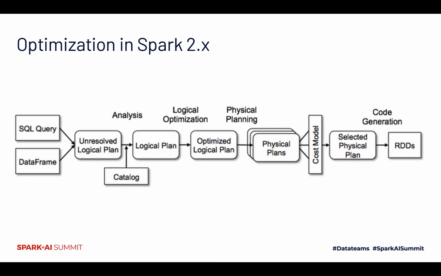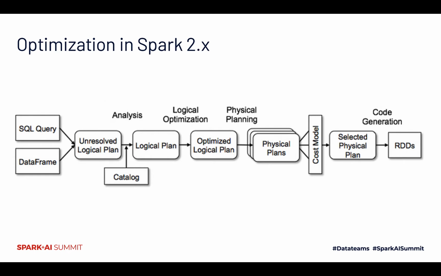To get a picture of how that works, let's first look at the SQL optimization process in Spark 2.x with the Catalyst Query Optimizer. On the left, you'll see that whether you express your query as a SQL query or as a data frame query, it's fed into the Catalyst Query Optimizer as an unoptimized, unresolved logical plan. At that point, it's paired up with the underlying catalog of table names and column names and resolved into your logical plan.